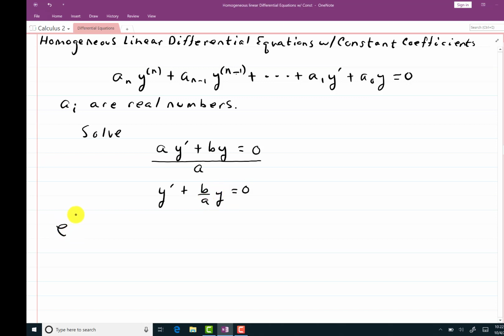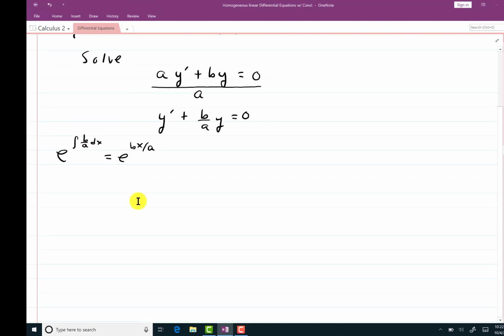Now I'll go to the integrating factor, which is e to the integral of b over a dx, which is e to the bx over a. And of course you multiply everything by that. So we have e to the bx over a y prime plus e to the bx over a times b over a y equals 0.